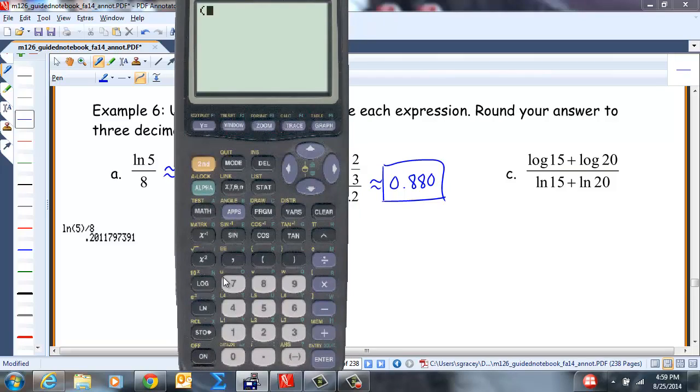So parentheses, common log of 15, and then plus common log of 20, end parenthesis for the numerator, and then divided by parentheses natural log of 15 plus natural log of 20, and we get approximately 0.434.